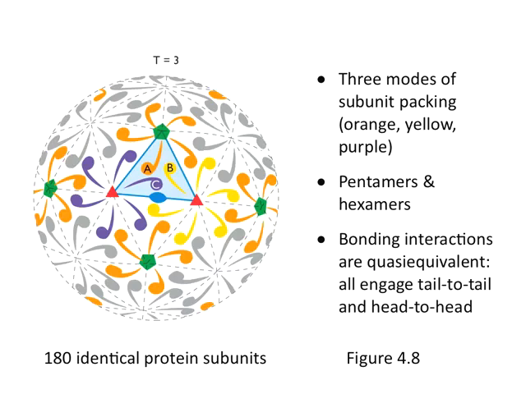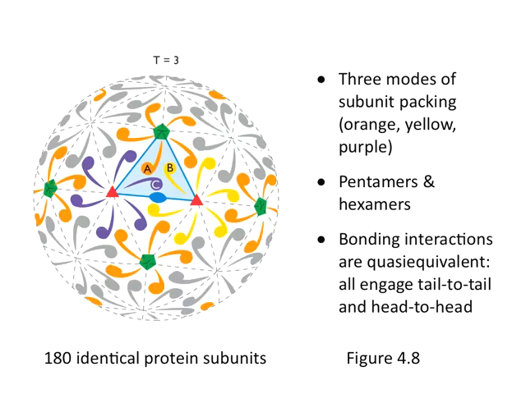Now we've put in extra subunits to make the capsid bigger. Now we have 3 modes of subunit packing. We have orange modes here, we have yellow modes, and we have purple modes of packing. We have both pentamers and hexamers. Now, the hexamer is something you get, remember, when you add more than 60 protein subunits.